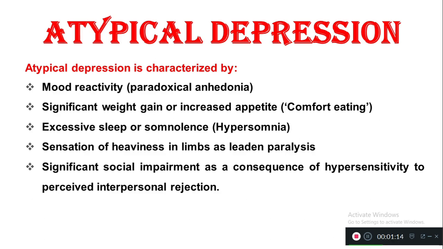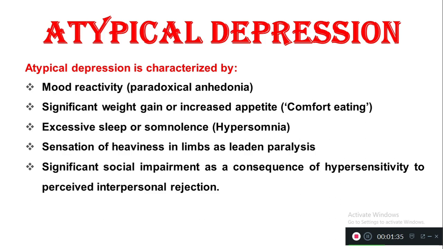There will be a sensation of heaviness in the limbs, that is called leaden paralysis. And there will be significant social impairment as a consequence of hypersensitivity to perceived interpersonal rejection.